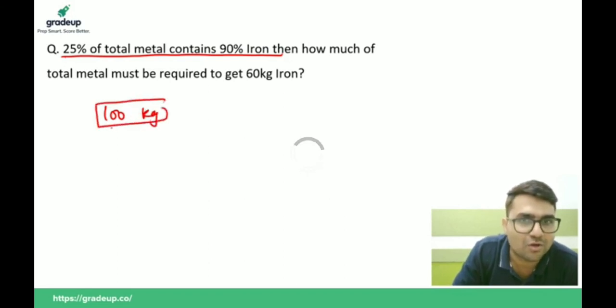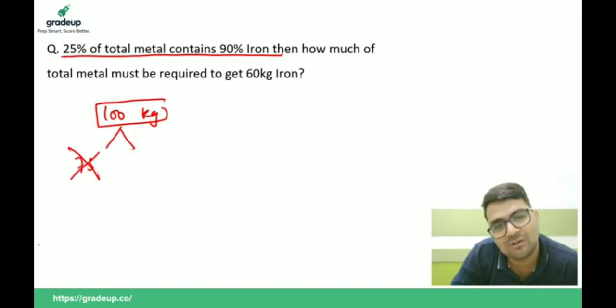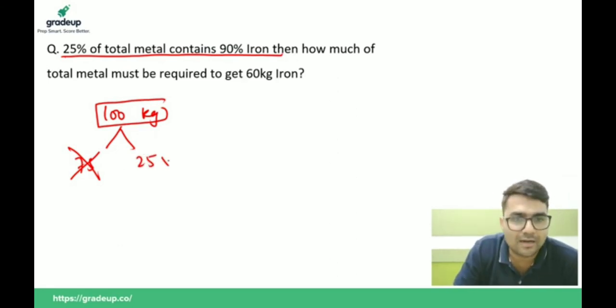So in the 75% part there is no iron, and the 25% part contains 90% iron.